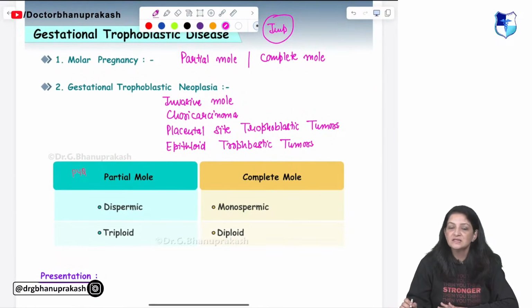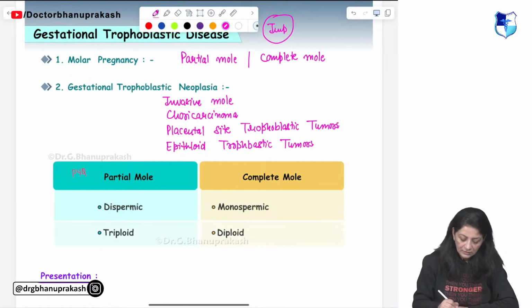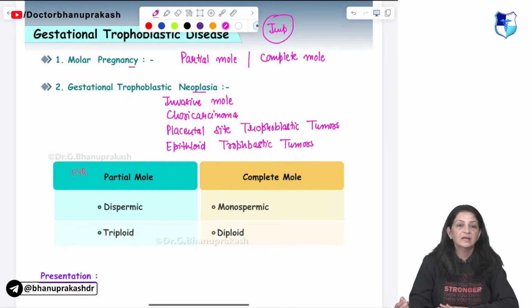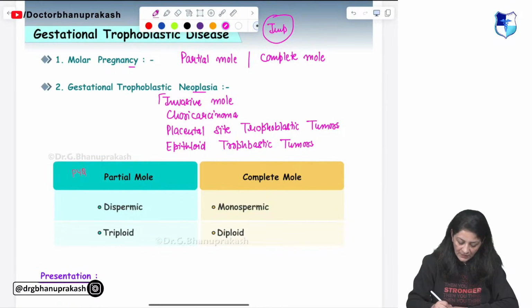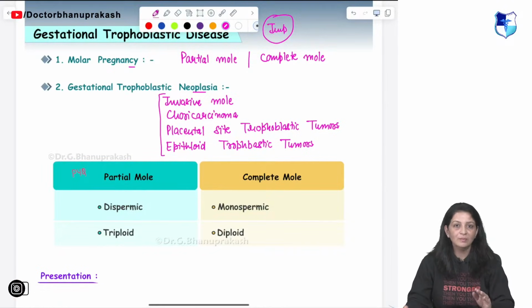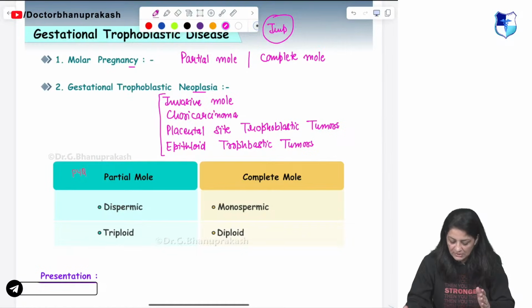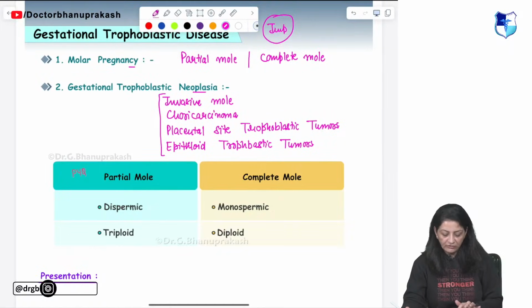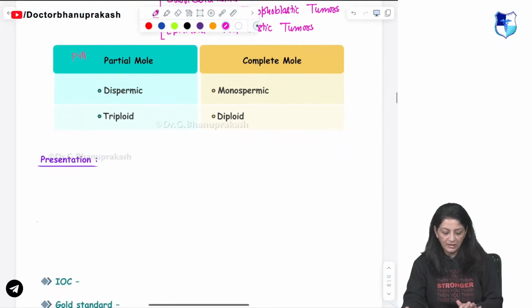Molar pregnancy is a benign trophoblastic disease, but it can become malignant. Otherwise, molar pregnancy is a benign condition. Neoplasia means, GTN means malignant. 4 types, invasive mole, choriocarcinoma, placental site trophoblastic tumors and epithelioid trophoblastic tumors.